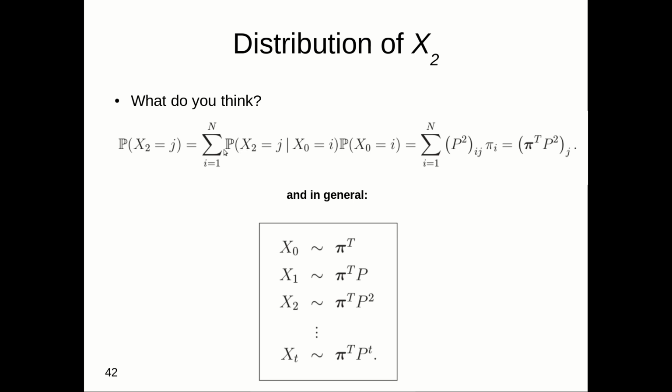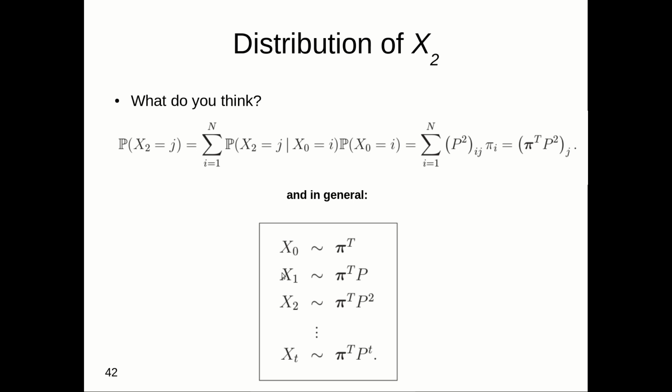This is the probability of being in j at time 2, given that we were in i at time 0, multiplied with the prior probability that we were in i at time 0. So we can fill in our previous results here. This is the transition matrix raised to its second power multiplied with the prior probability. So this is basically the prior probability vector p transposed multiplied with the transition matrix raised to the second power.